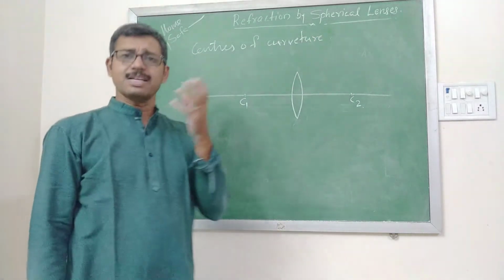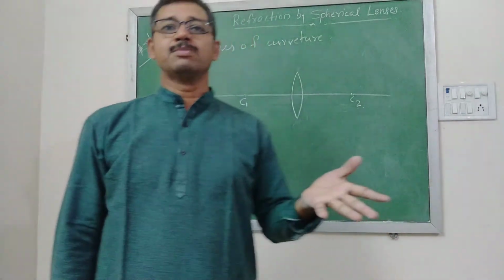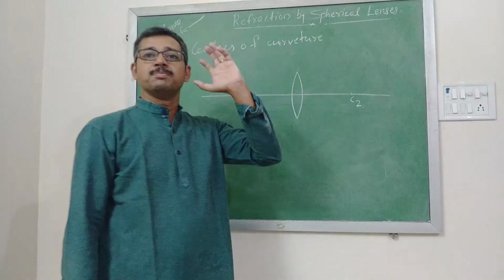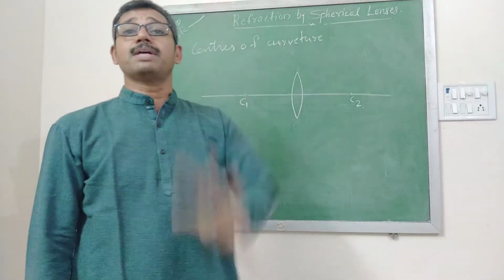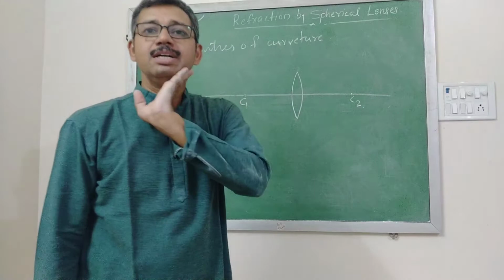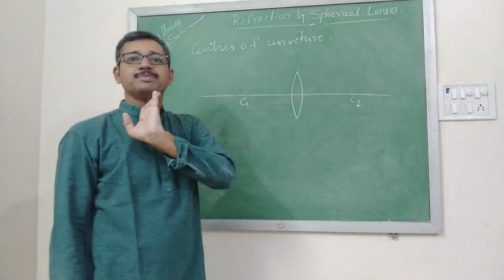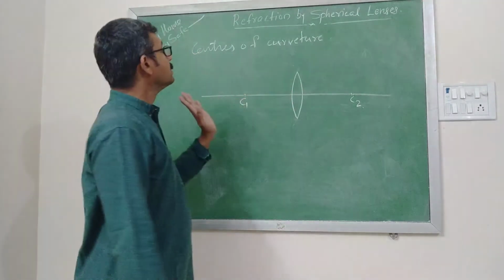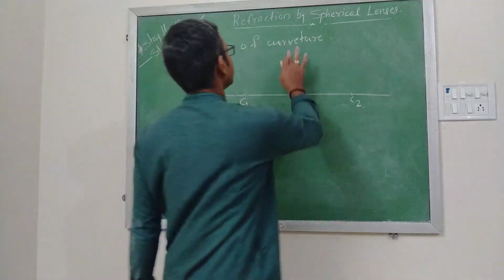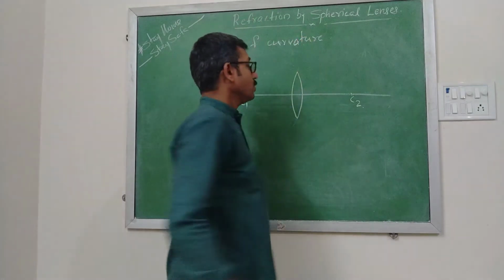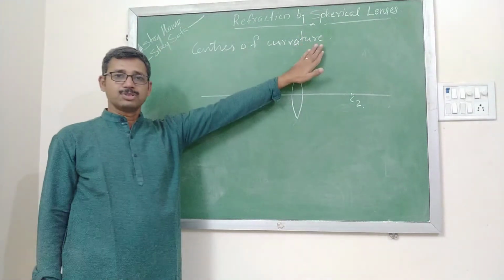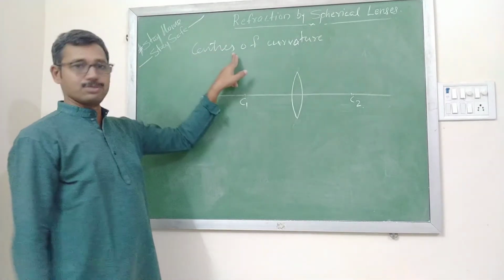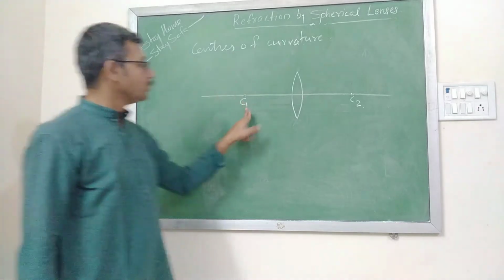What are the centers of curvature? They are the centers of the circles of which the lens is a part. Here, plural is used because there are two centers.